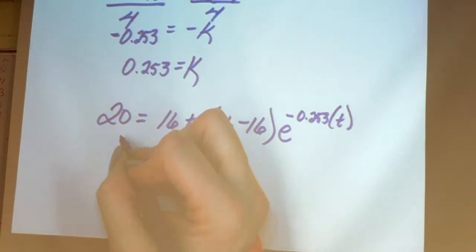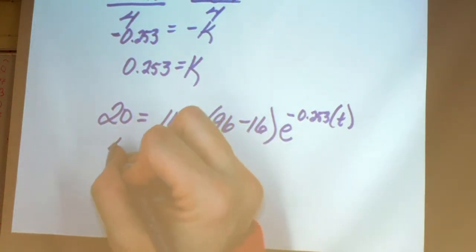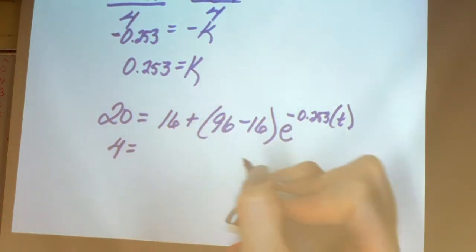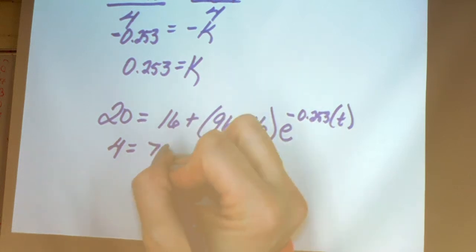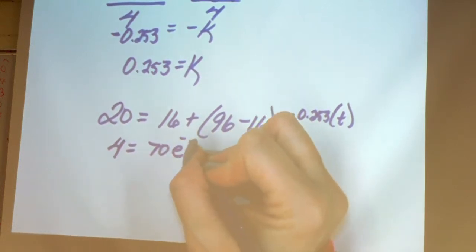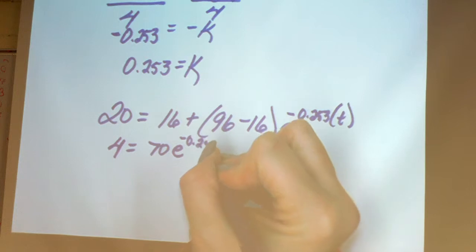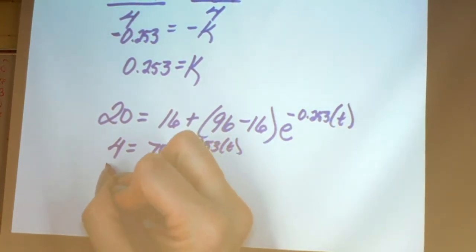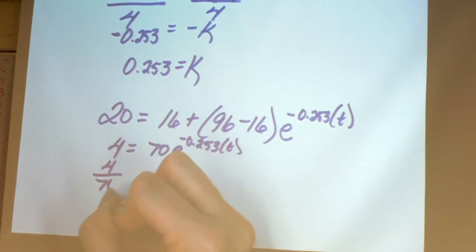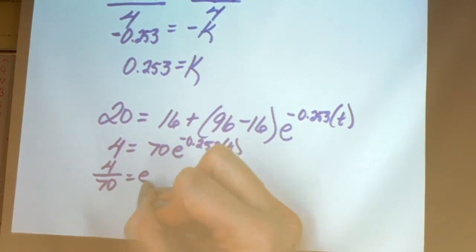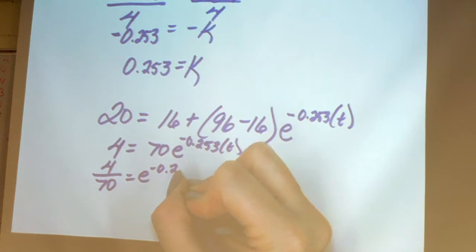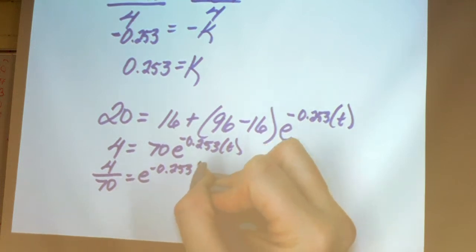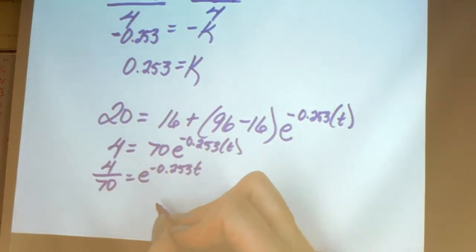Okay? So subtract my 16 and I end up with 4 equals 70 e raised to the negative 0.253 times t. And so I'm going to divide by 70. 4 over 70 equals e to the negative 0.253 times t. And then take the natural log of both sides.